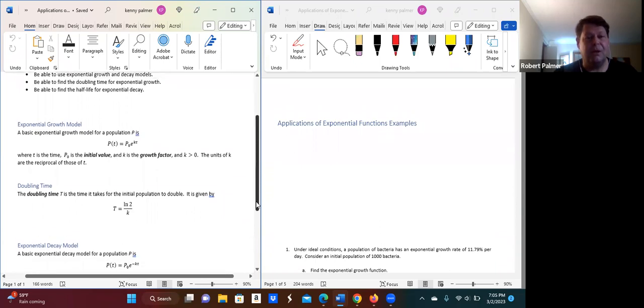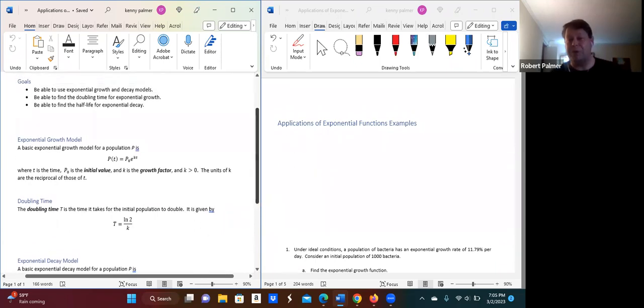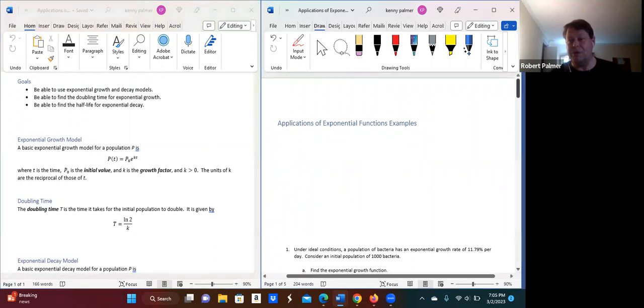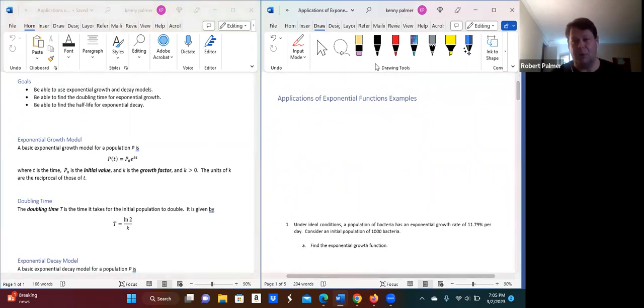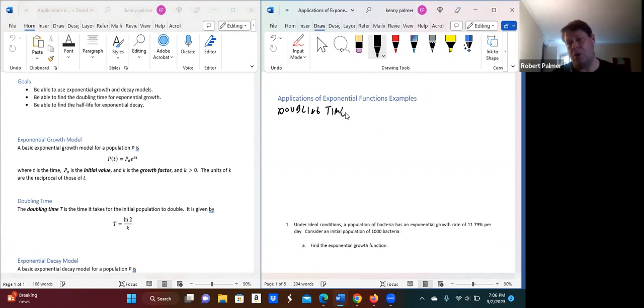Let's take a look over here and explain, before we actually work some problems, where this doubling time comes from. We'll also talk about the half-life, which is related to this. So first off, let's start with our function.